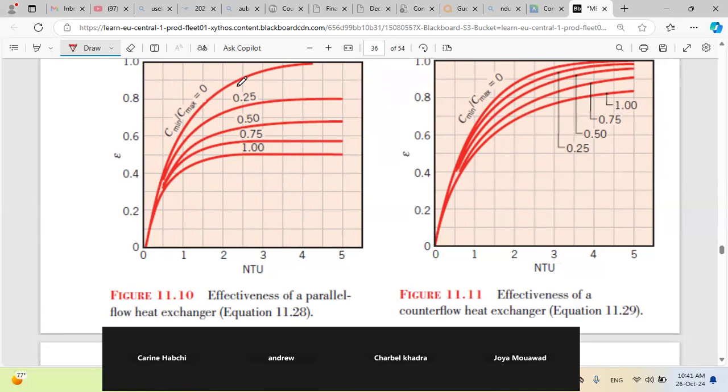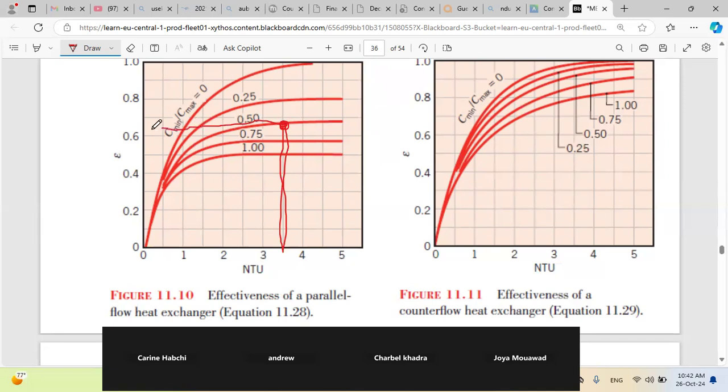So for example, if you calculate C min over C max and you got 0.5, and you know that the NTU is 3.5, you say, I will use the graph. I take NTU 3.5. It will intersect the curve of C min over C max 0.5 at this point. I can read the effectiveness.